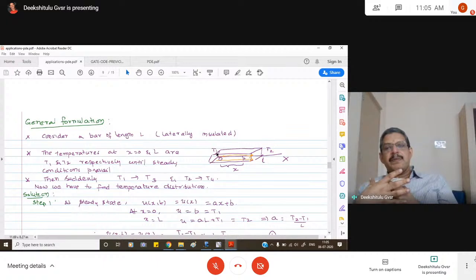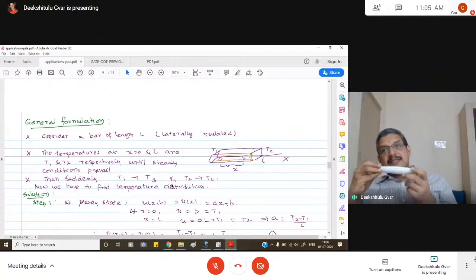Because these two temperatures are different, energy always moves from the high energy point to the low energy point. Let us say it is 0 degrees and 100 degrees. Gradually the temperature will be uniformly distributed throughout the body, and then steady state conditions prevail.